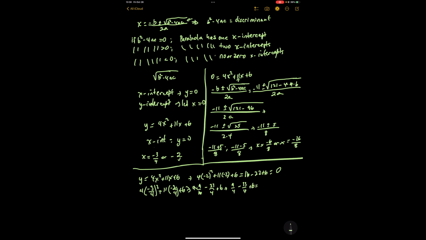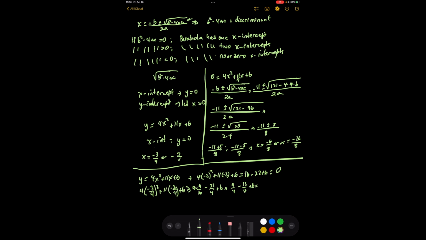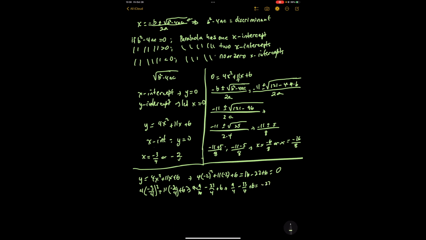And 9 minus 33 is going to be negative 24.